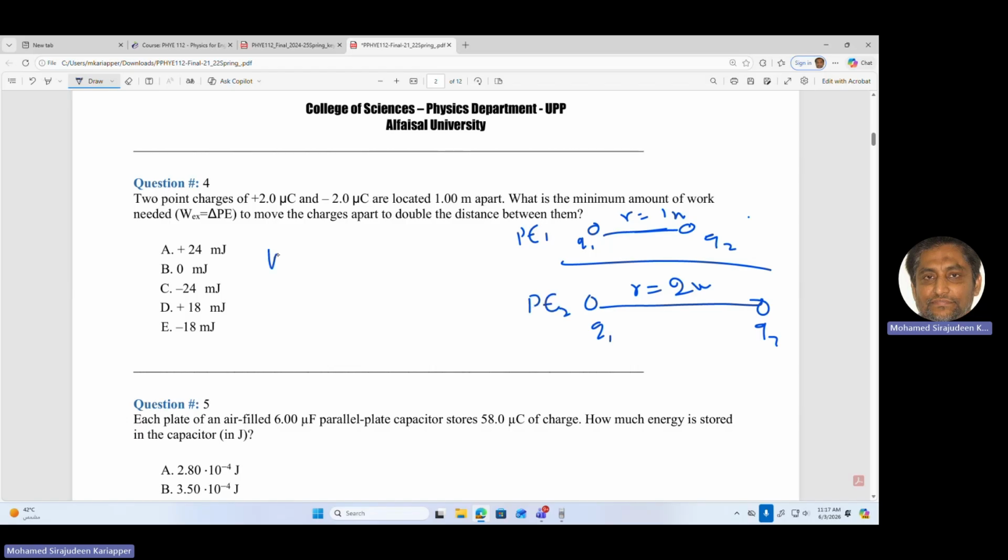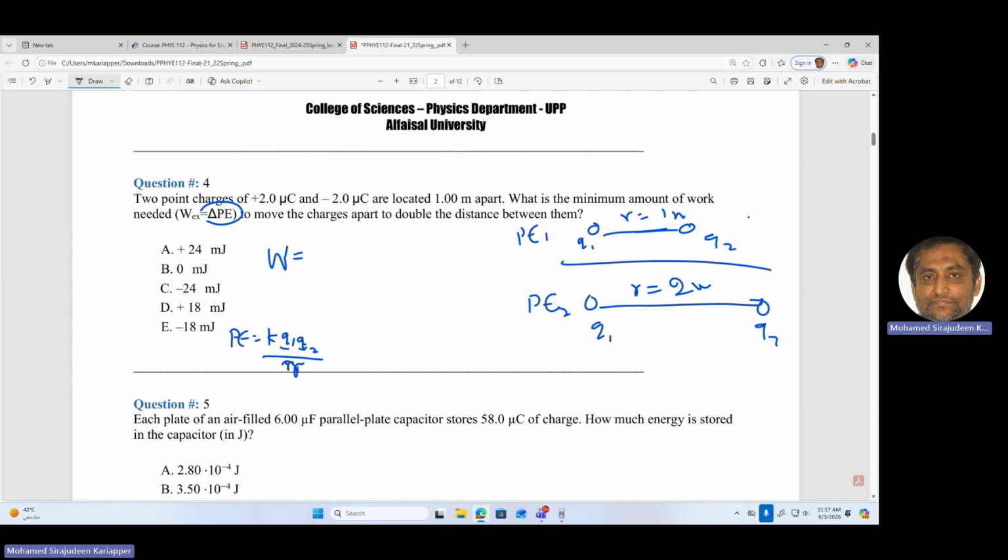The work done will be simply the change in the potential energy because there is no other energy change. Kinetic energy doesn't change. The minimum amount means that we are assuming no other changes except the potential energy change. So the equation for the potential energy of two charges, which you can get from the formula sheet, is K Q1 Q2 over R. Q1 and Q2 must be substituted again with the sign.